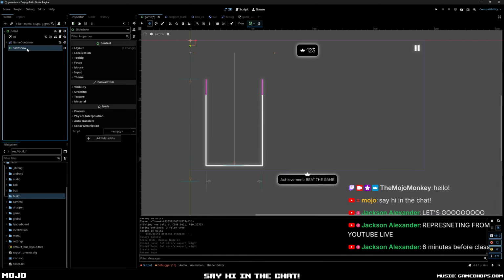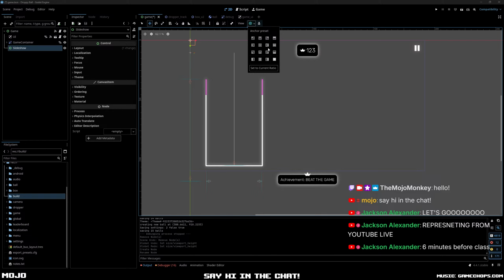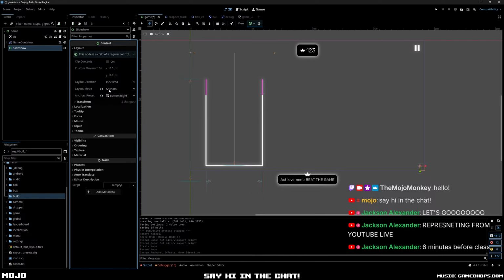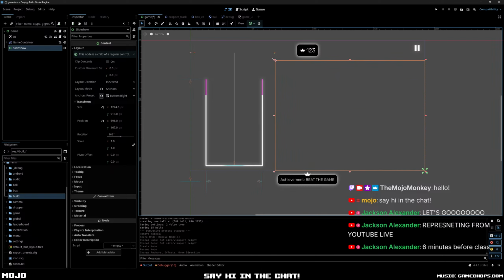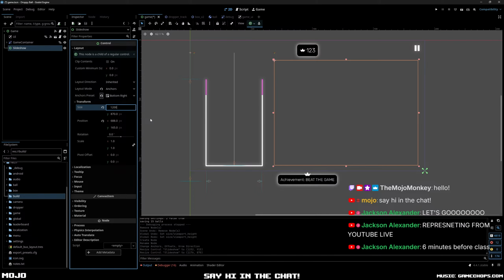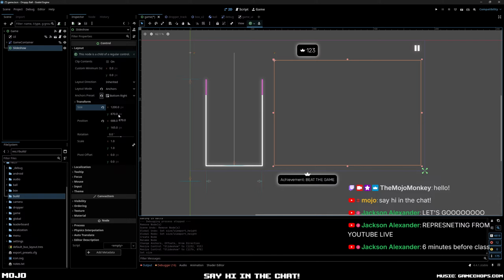And let's see, how do I position this? Yeah, I can set its size, okay. Just kind of wing it. It should be about like that. 1176. Let's make it a cool 1200. 870. Sounds good.